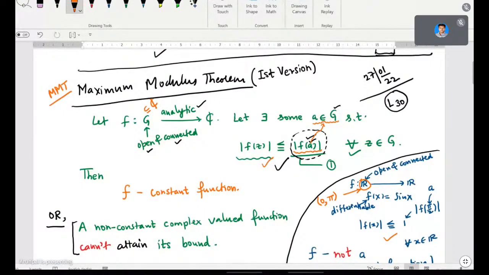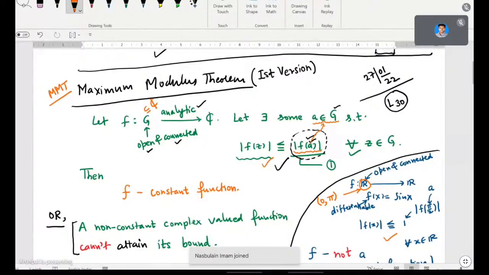Am I right? If we are saying the function is attaining its bound, then certainly this A must be in G. Right, class?